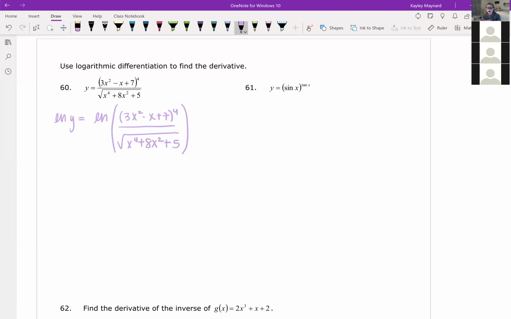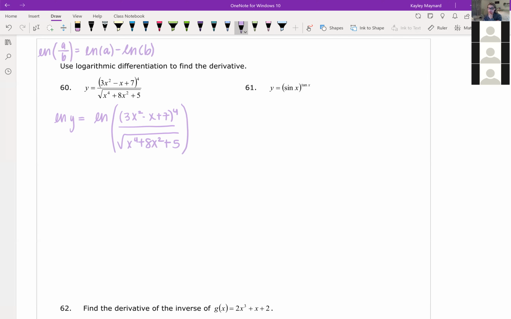Okay, so one of the properties of logs from algebra is that if you have ln of two things being divided, like a fraction, you can split those up over subtraction. So I'll write this off to the side, but ln of a over b is equal to ln of a minus ln of b.